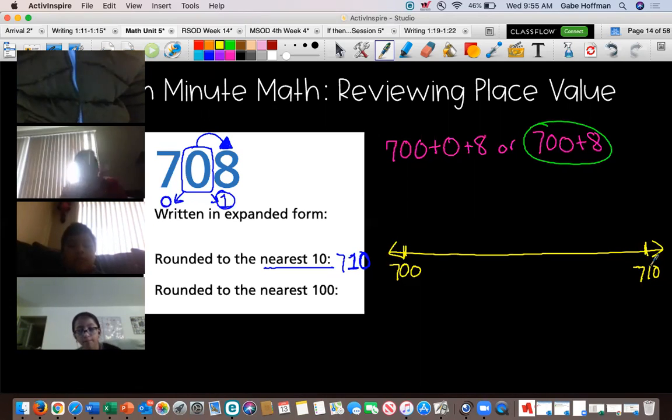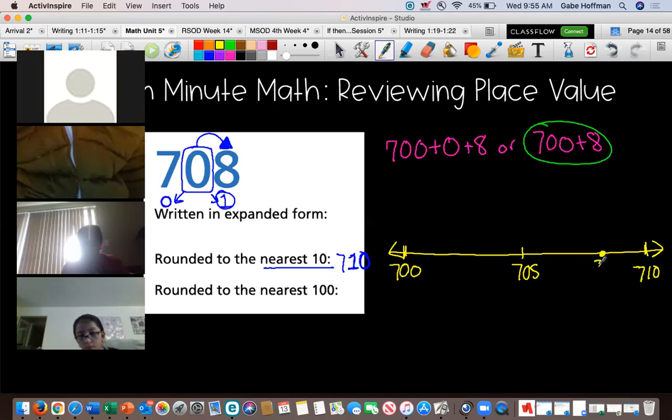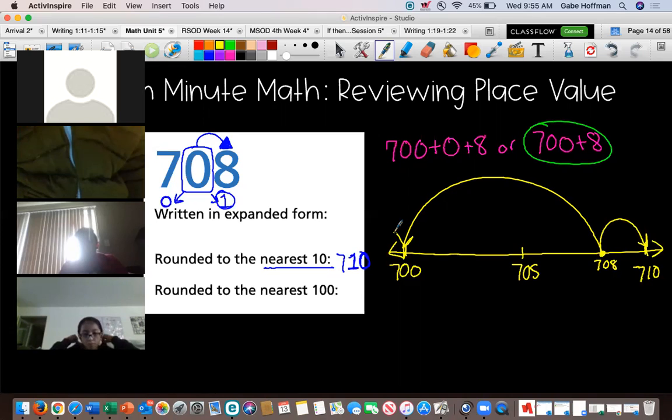Alejandro, what number is directly in the middle, right between 700 and 710? 705 is right in the middle, right? So then I'm looking at 708. I know that that's more than 705, probably right in here. So that's 708. I can clearly see it's closer to 710 than it is to 700. Right? That's the nearest 10.